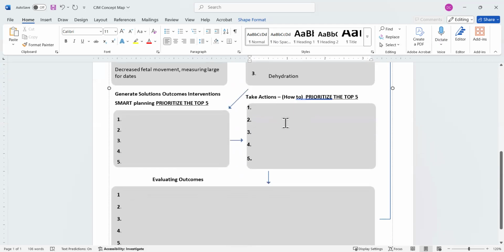Okay. So what do we want to begin with for our patient goals? Remember, these should be SMART goals. So they're specific, measurable, achievable, or realistic, and time bound.